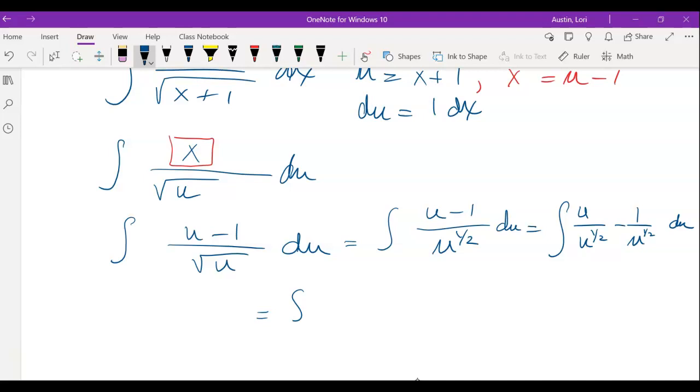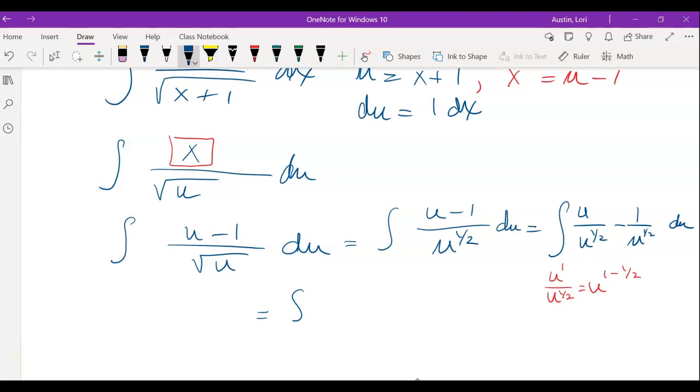But let's do this. Look, I have a u to the first over u to the 1/2. Basic exponent rules. What do I do with my exponents, everybody? Subtract them. Isn't that u to the 1 minus 1/2? What's 1 minus 1/2?